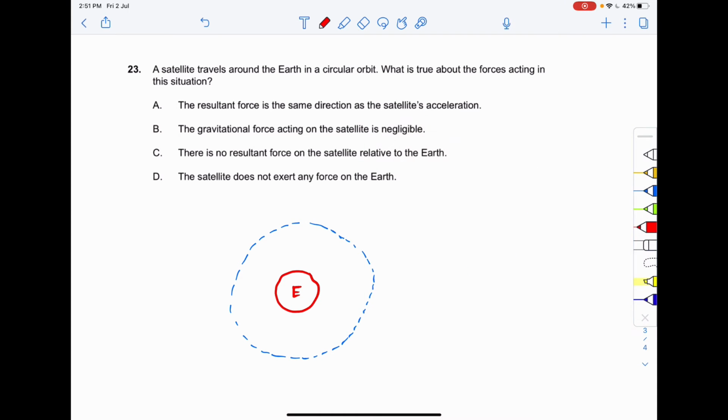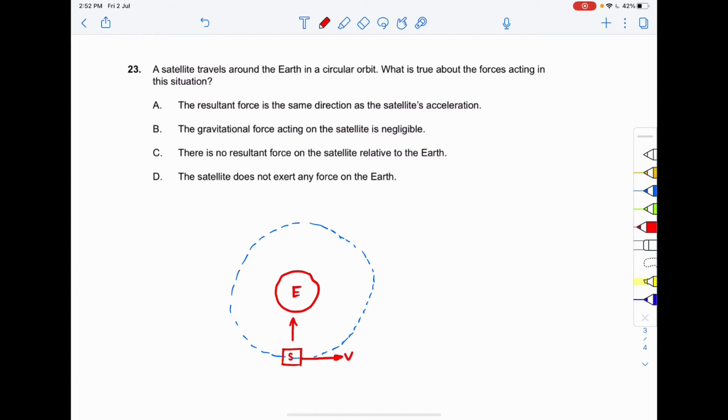Over here I can say that the satellite is at this position, and the satellite is moving around the orbit around the earth with a velocity v. We have to keep in mind that the centripetal acceleration of the satellite is always towards the earth.